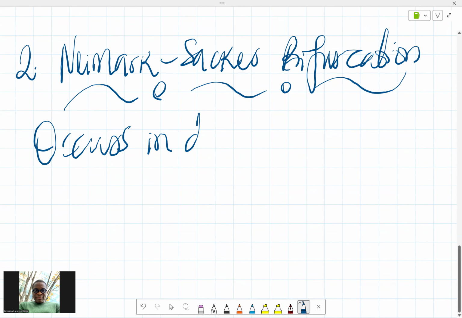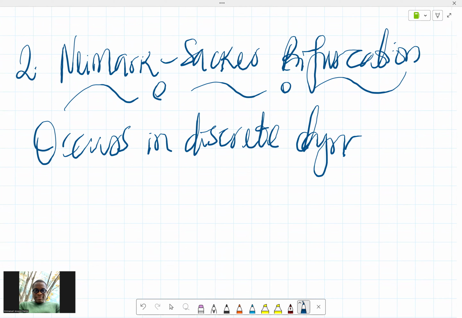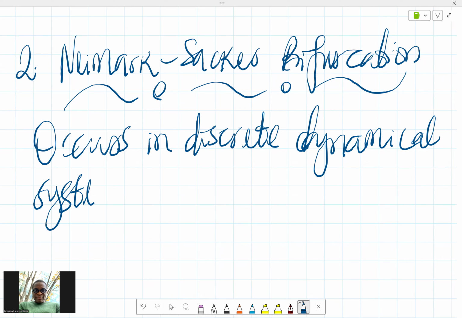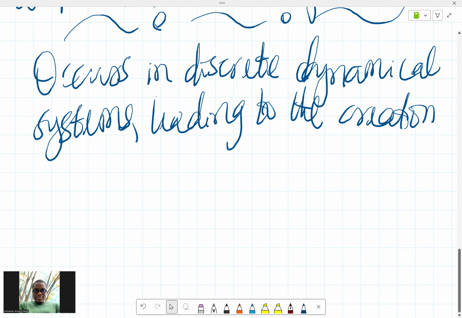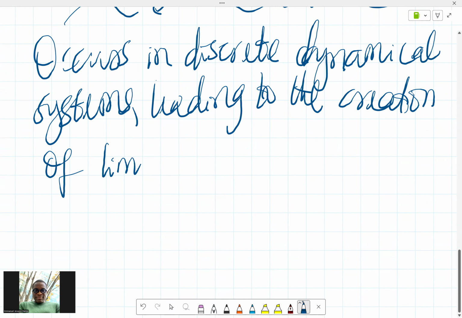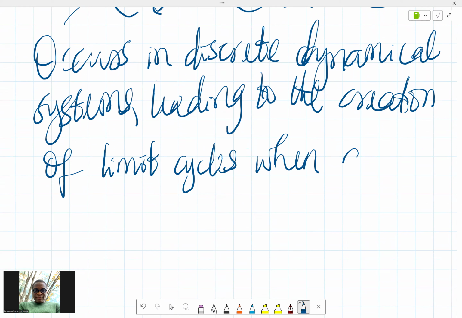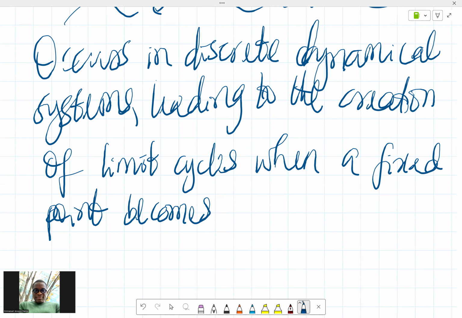This occurs in discrete dynamical systems, leading to the creation of limit cycles, or what we call centers, I believe, when a fixed point becomes unstable.